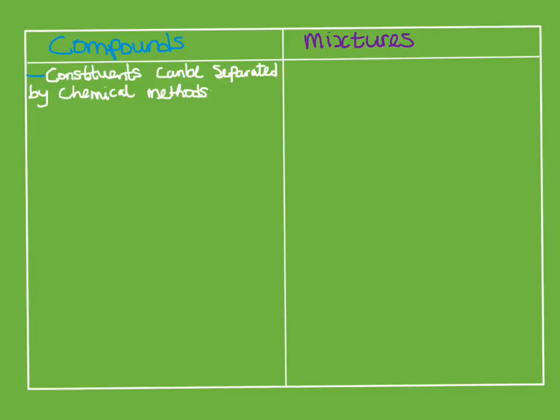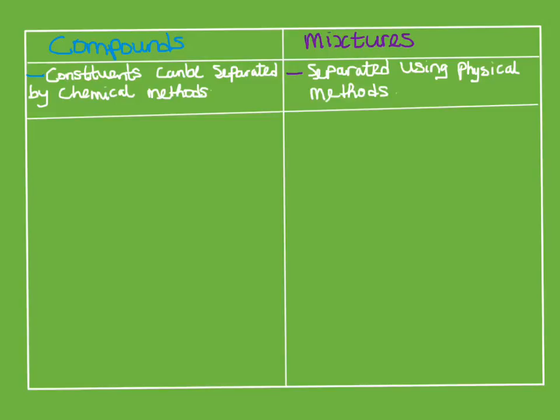While in mixtures, they can be separated using physical methods. Examples of these physical methods are evaporation and filtration. And in physical methods, the substance is not altered chemically.